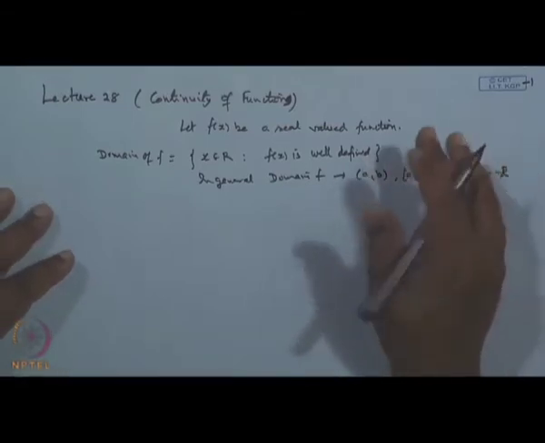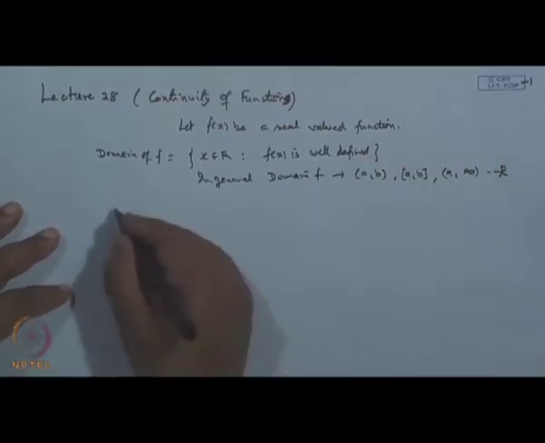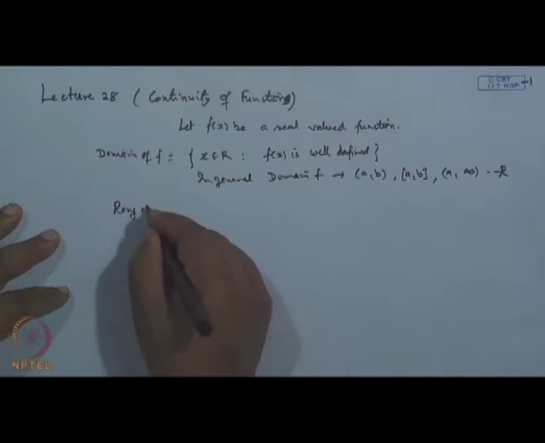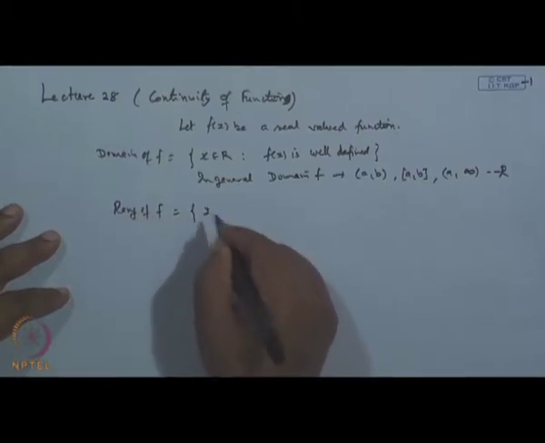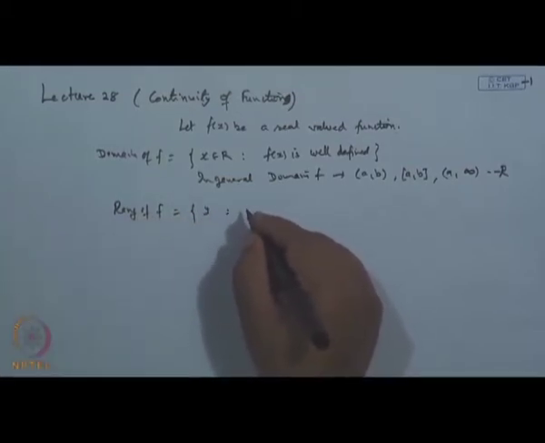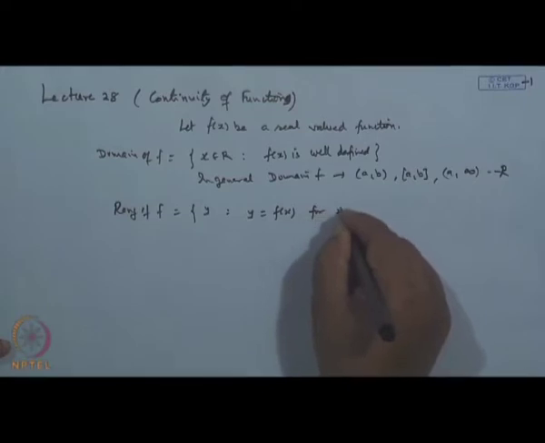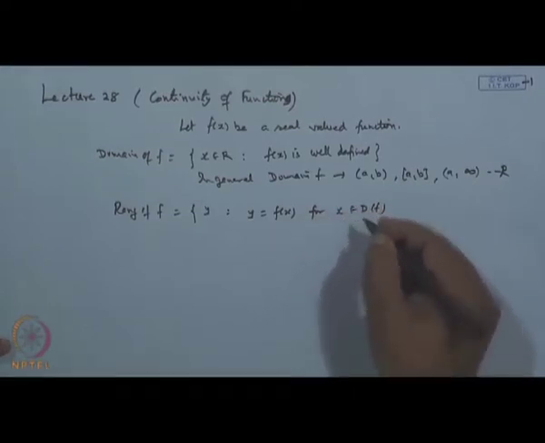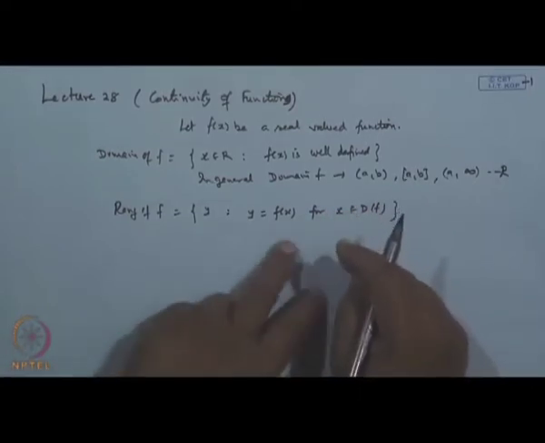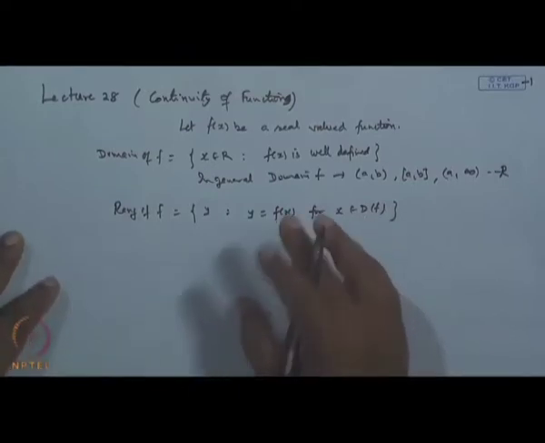The set of the values of f is the range of f. Range of f means those y's such that there exists some x in the domain of f such that f x equals y. So, the set of all images is the range of f.